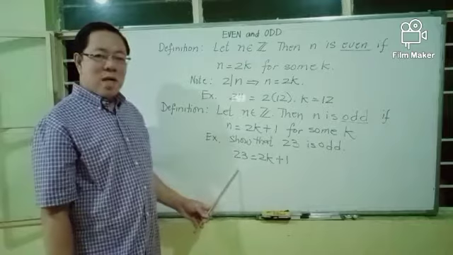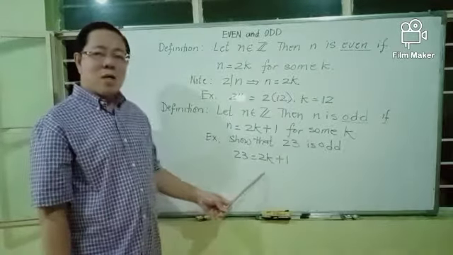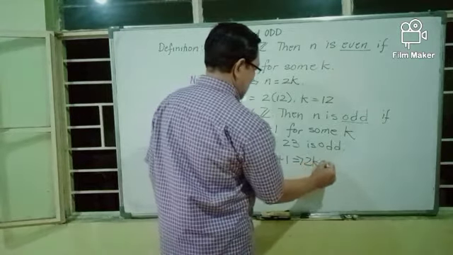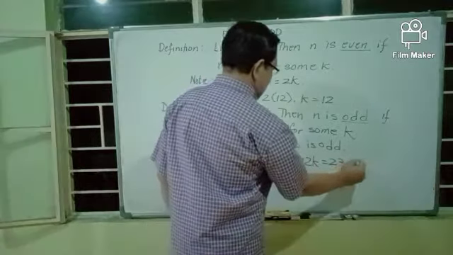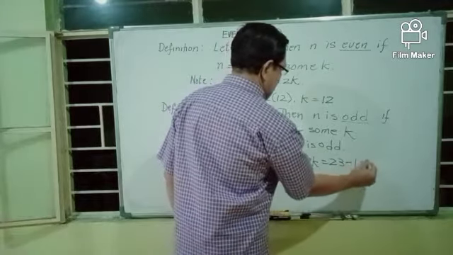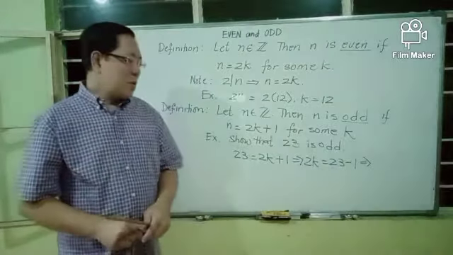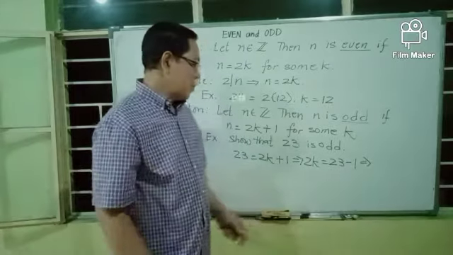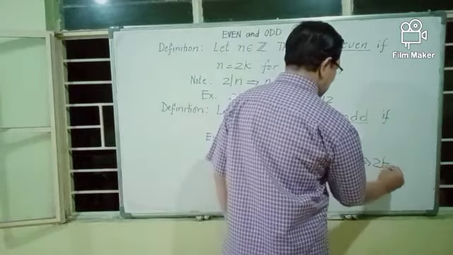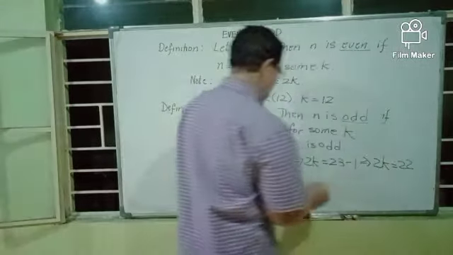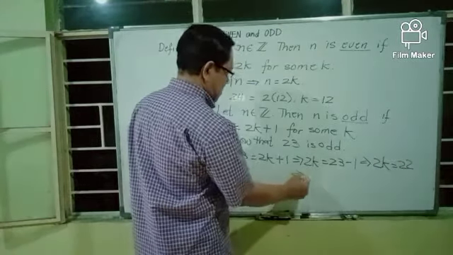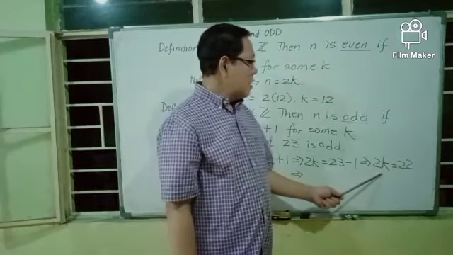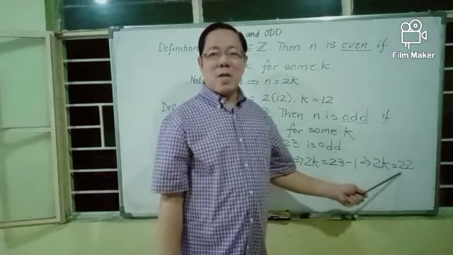We transpose 1 to the left-hand side, we get 23 minus 1 equals 2k. Or 2k equals 23 minus 1, and 23 minus 1 is 22. And dividing both sides of this equation by 2, we get k equals 22 divided by 2, or 11.